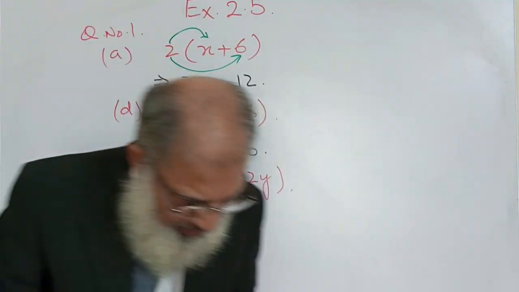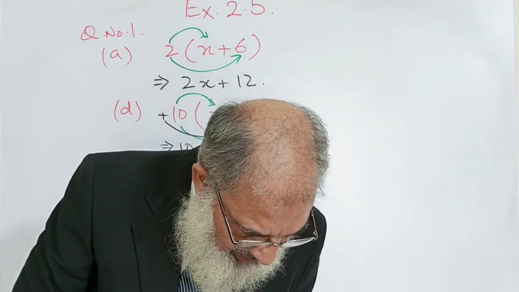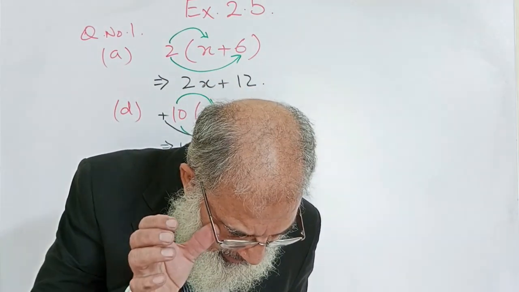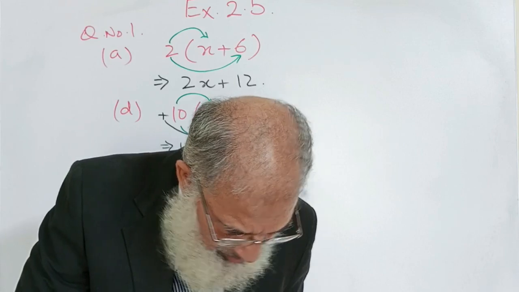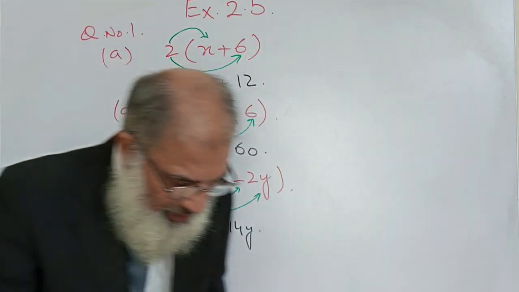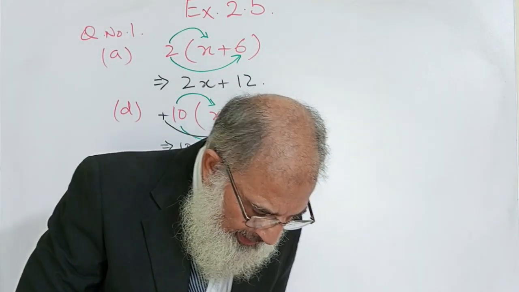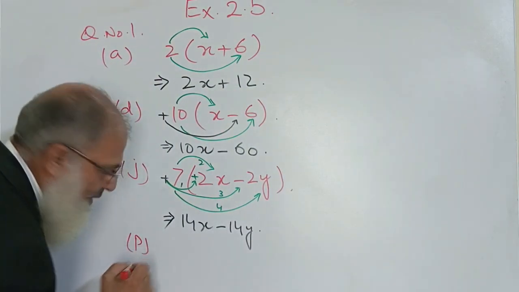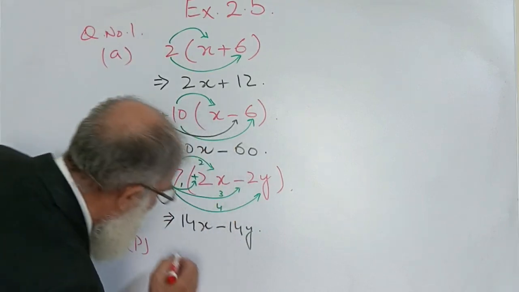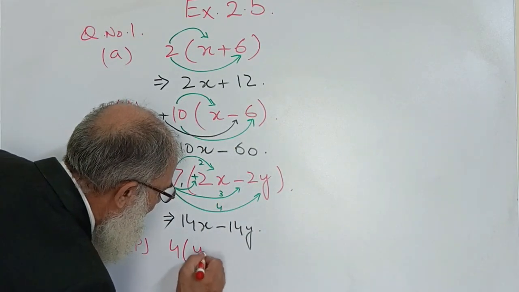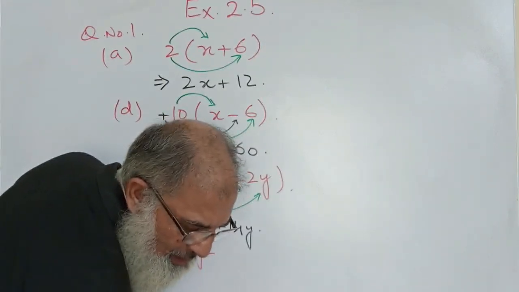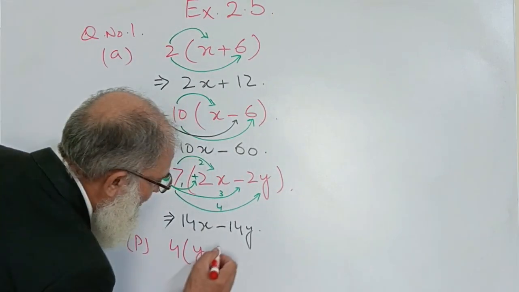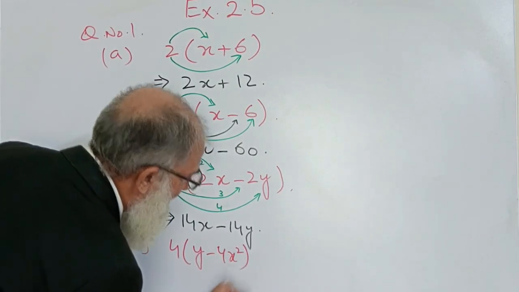Rest of the questions are very easy. Let me solve some of the questions before we proceed to question number 2, and that is P. P is 4, and the inner members are x minus 4xy, 4x square.